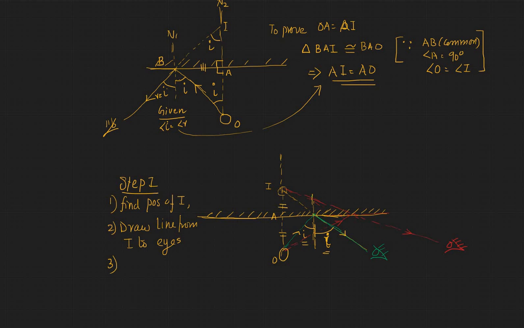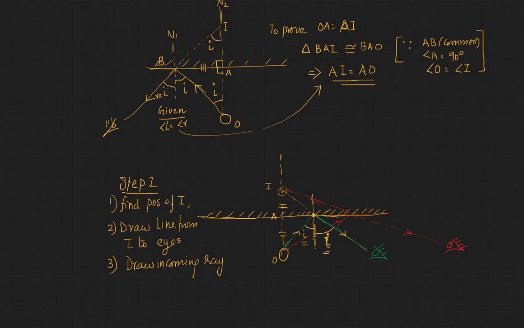And step 3 is, once you have the reflected ray, draw the incoming ray, which is basically this ray.